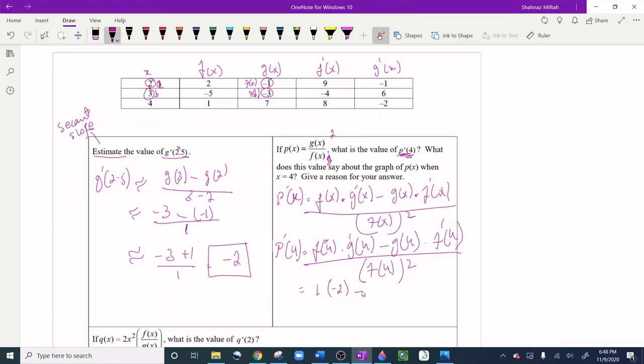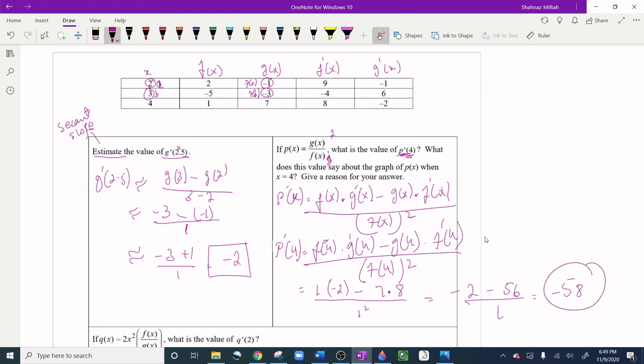So that's -2 minus, what is g of 4? It is 7 times f prime of 4, which is 8. And I have f of 4, again, that's 1, so 1 squared. So technically I got -2, and 7 times 8 is 56, over 1, which is going to give me -58.